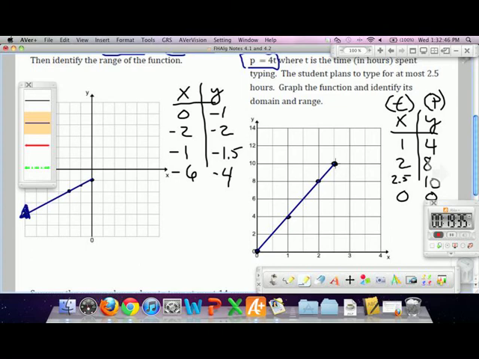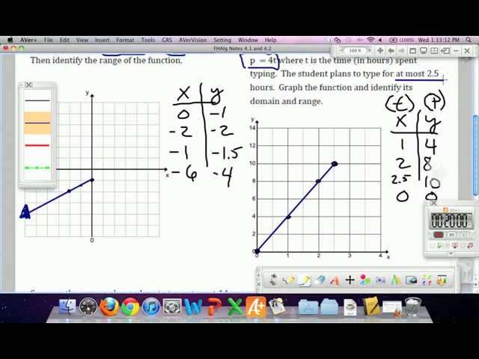Why wouldn't I be able to extend this line any farther? Because I only type for 2.5 hours. So I can only plug in t's or x's that are up to 2.5. I can't possibly have any points with bigger x's, because I can only type for 2.5 hours.